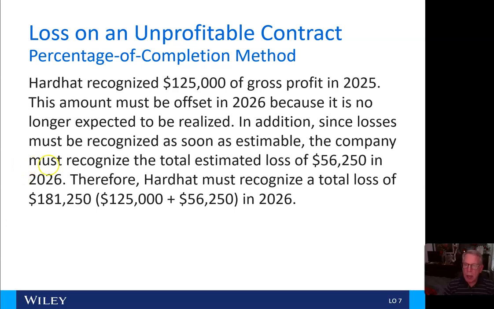So, Hard Hat must recognize that total loss of 181,250, which is the 125,000 plus the 56,250.